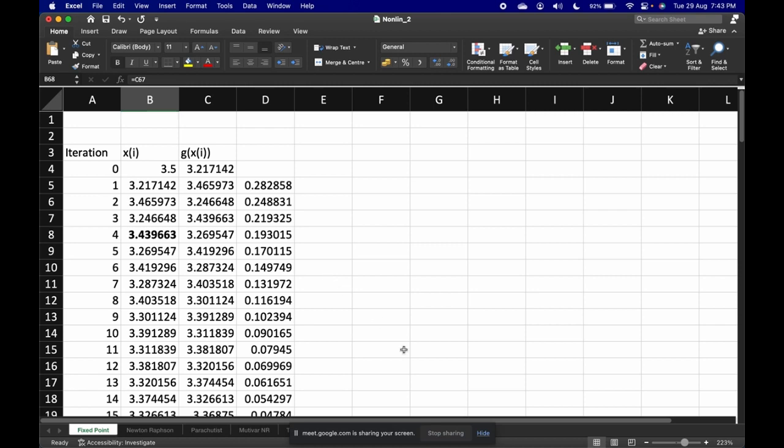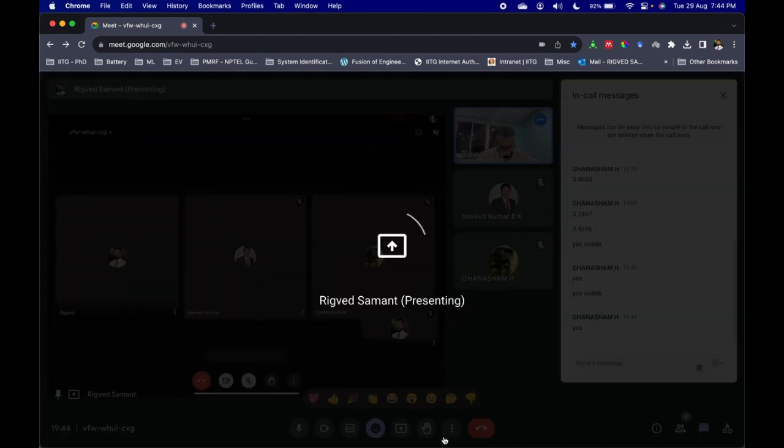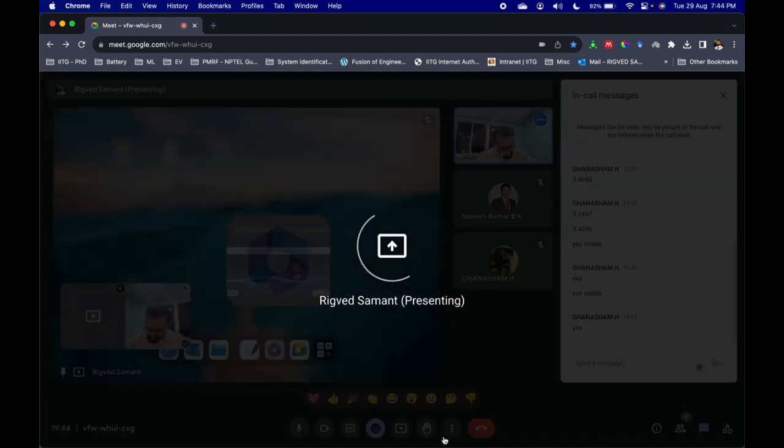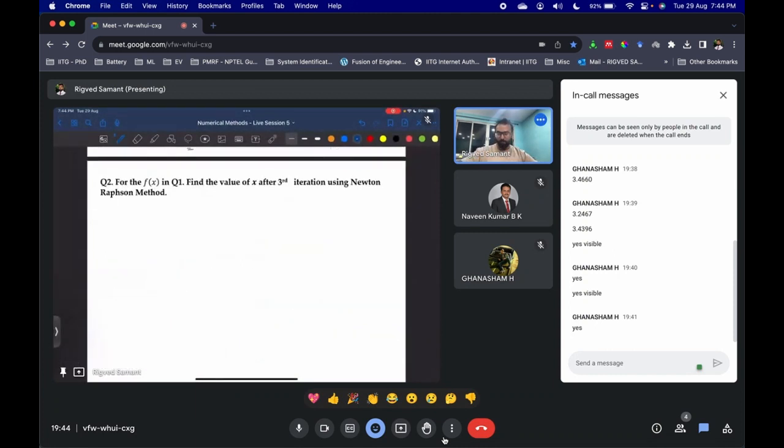Now let's do this study using the Newton-Raphson method, right? So for Newton-Raphson in numerical 2, third iteration, you just have to see if the function has a first derivative.